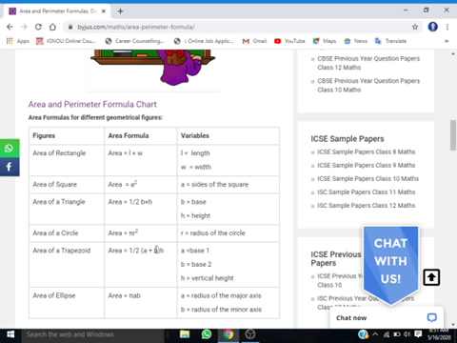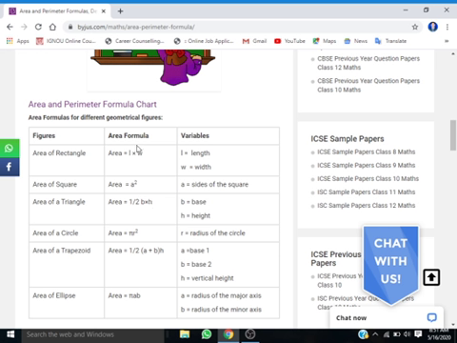And when we discuss the area of a trapezoid, the second name of this is trapezium. The area is 1/2 sum of parallel sides, which can be written as a plus b, because when we consider the parallel sides as a and b, then sum of parallel sides into height. So height would be multiplied here.